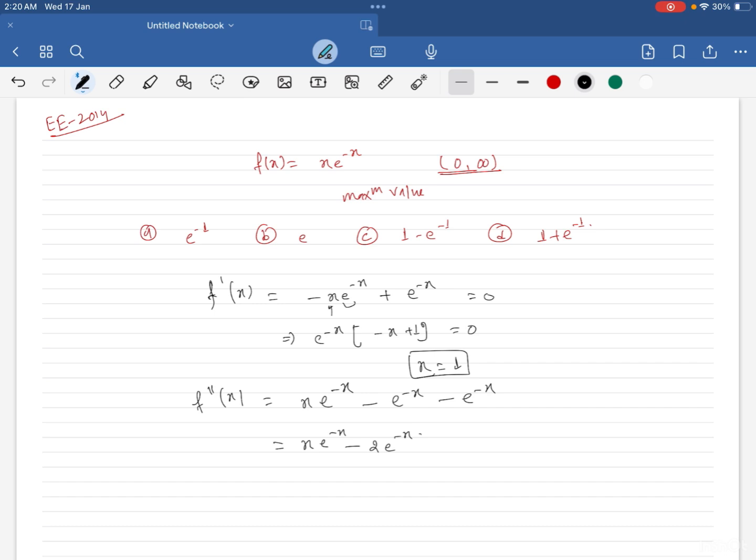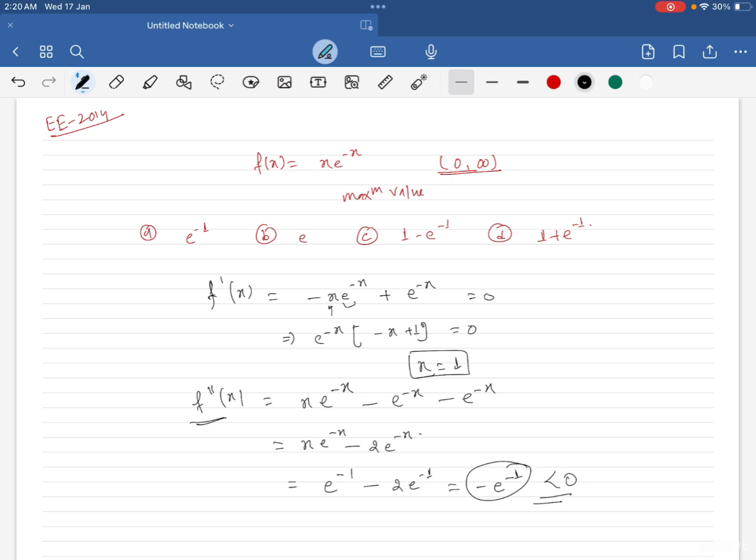Now if we put x equals 1, that would be e to the power minus 1 minus 2 e to the power minus 1. So it is nothing but minus e to the power minus 1, that is less than 0, right?